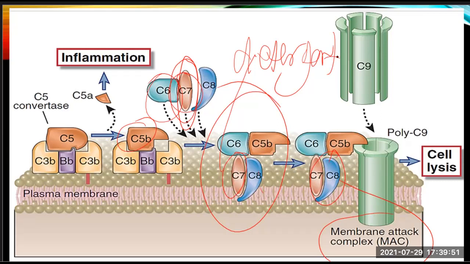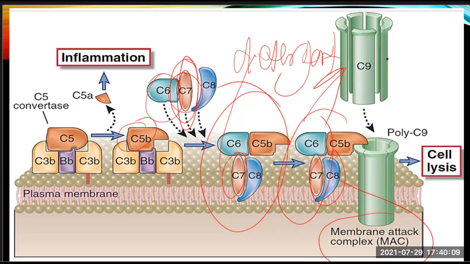which produces the phenomenon of reactive lysis on innocent so-called bystander cells, or bystander cell lysis. The C5b, C6, C7, C8 complex polymerizes with C9 to form a tubule.